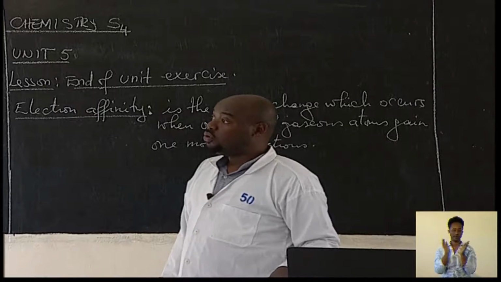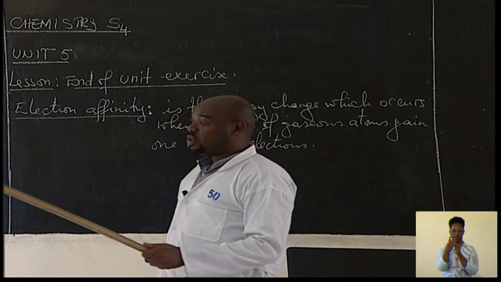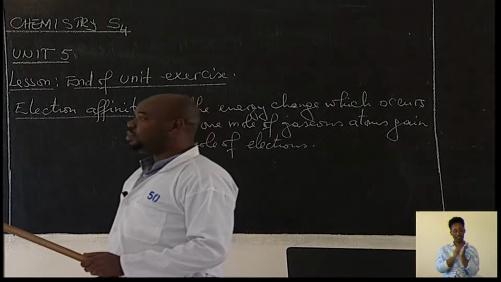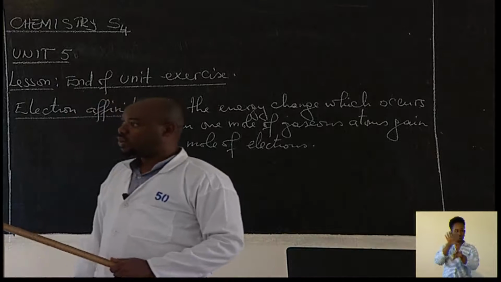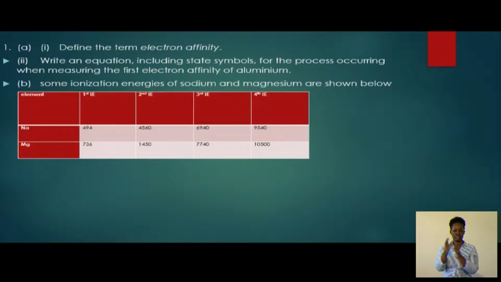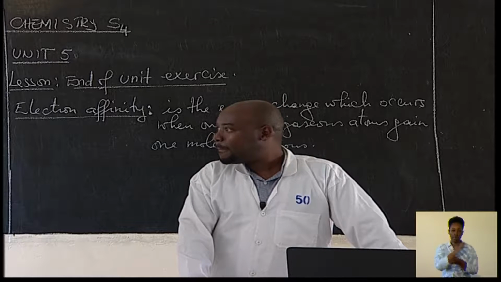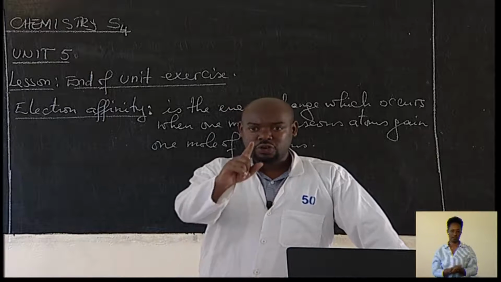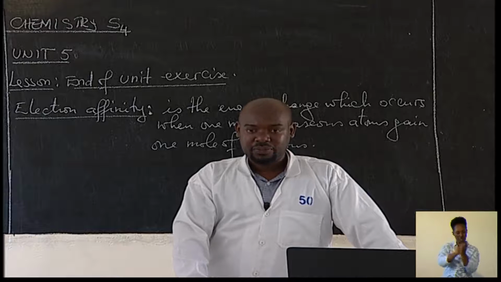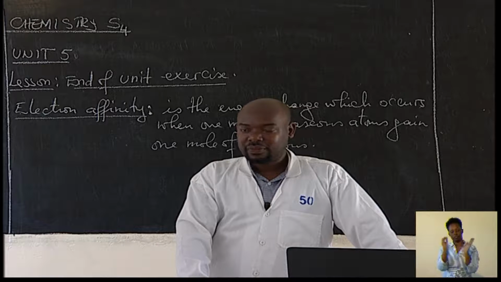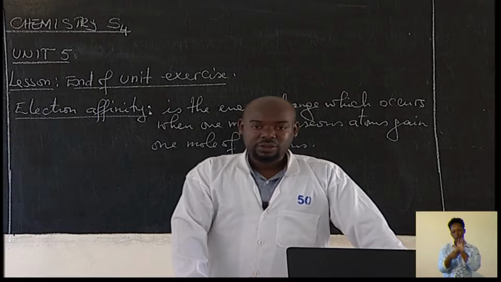And number 2, write an equation including state symbols for the process occurring when measuring the first electron affinity of aluminium. So you use aluminium, and you write the equation representing the first electron affinity of aluminium. Don't forget to include the state symbols. Good.